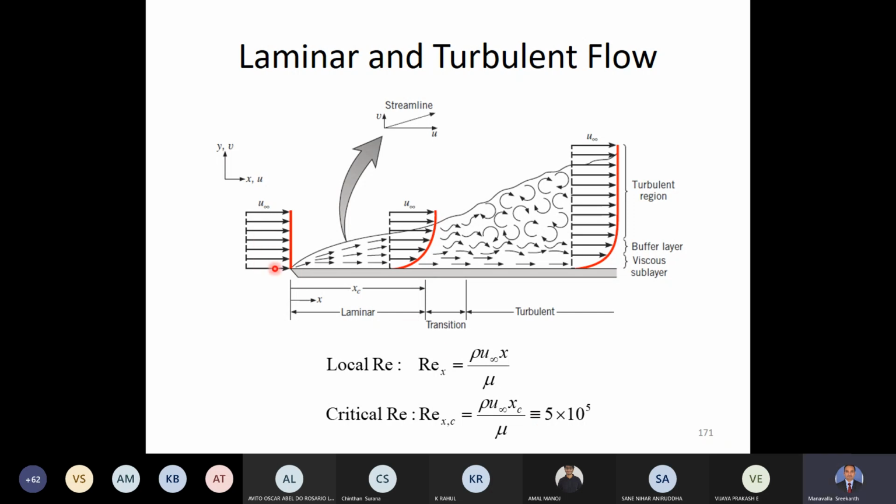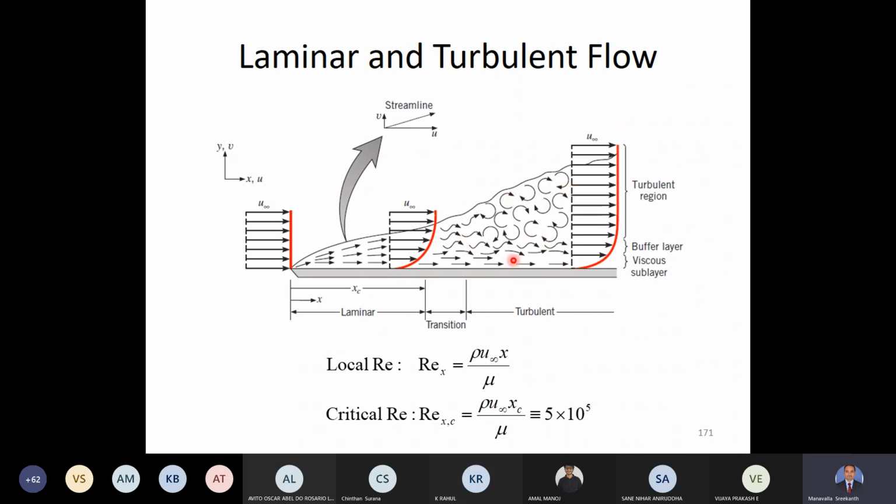So here you see there is a velocity boundary layer shown, and initially this region is showing laminar flow where the flow is moving layer by layer, one over the other, and the flow is very orderly in nature. Whereas on the extreme side, you can see that the flow is haphazard.